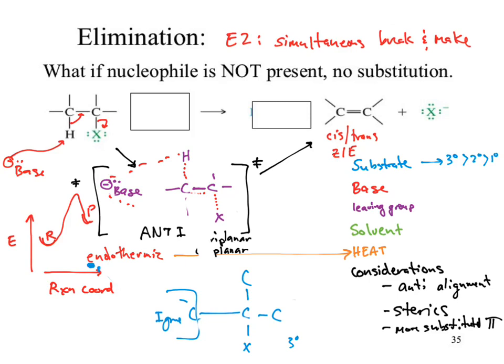SN1 favors tertiary. Is that going to be a potential issue? Yeah, if I look at just the substrate, nothing else, if it's tertiary, it could do an SN1 reaction. What could it also do? E2. It could also do E2. So I have to be thinking about that when I process these pieces out.